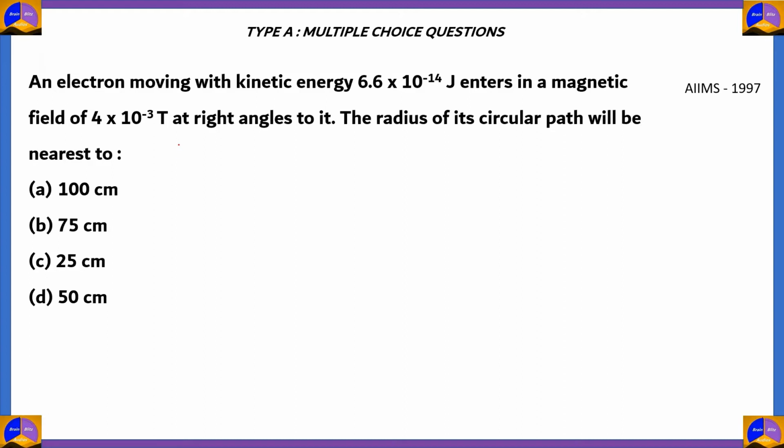Well, let's write down the given values. Kinetic energy E, which is equal to half mv squared, is given as 6.6 × 10^-14 joules. And the magnetic field B is given as 4 × 10^-3 Tesla.